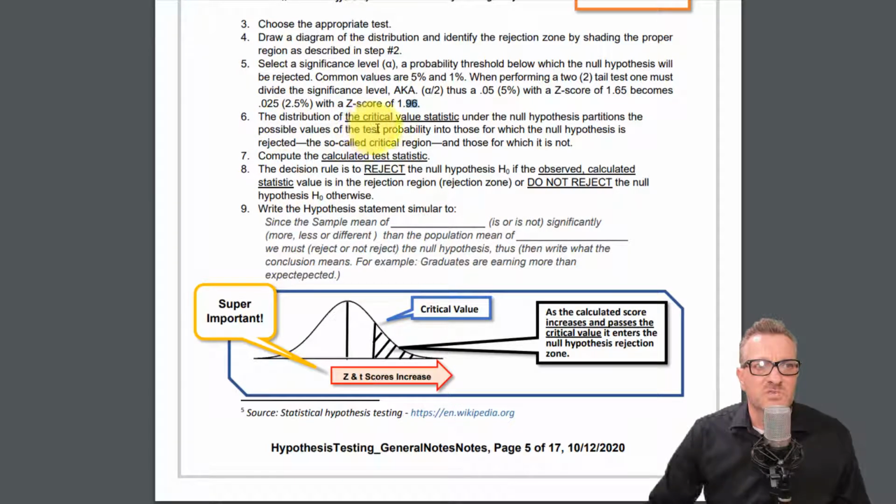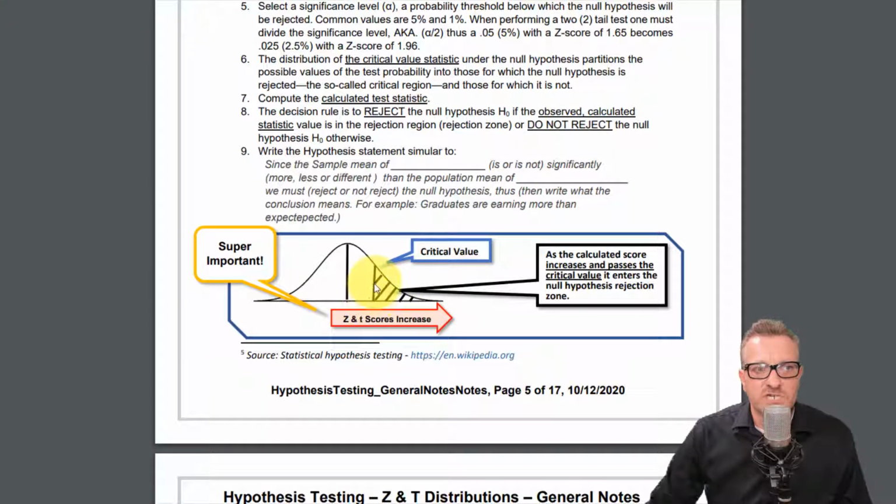The distribution of the critical value statistic under the null hypothesis partitions the possible values of the test probability into those for which the null hypothesis is rejected, the so-called rejection region, and those for which it is not. Okay, so this is called the rejection region.